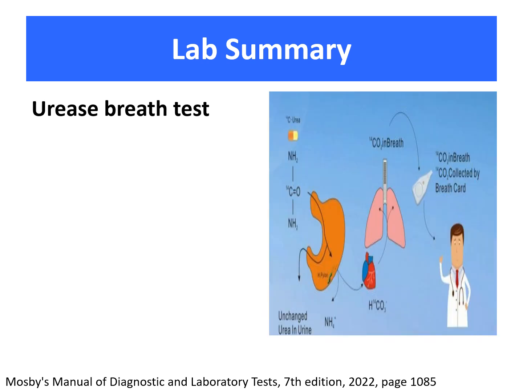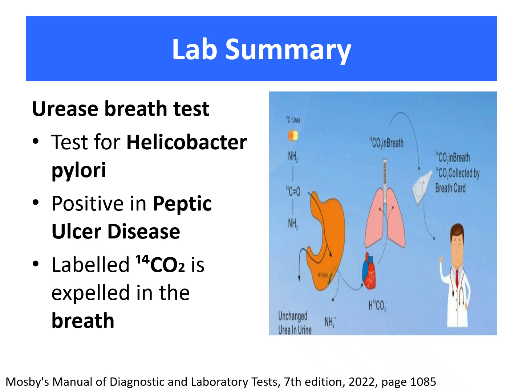We talked about the urease breath test. This is a test for H. pylori infection of the stomach, positive in peptic ulcer disease, which is linked to H. pylori infection.